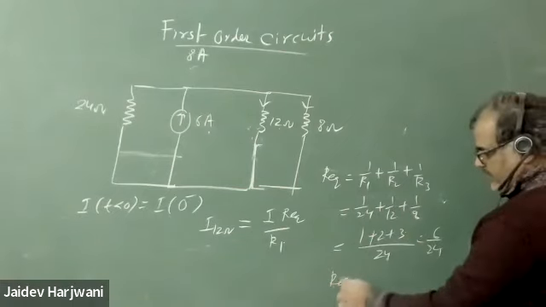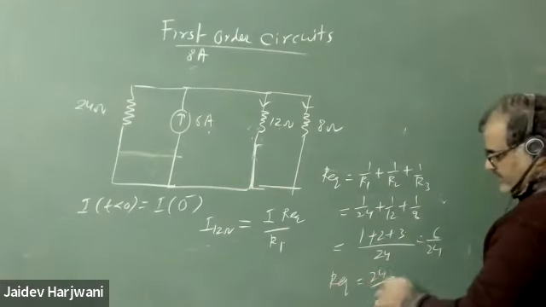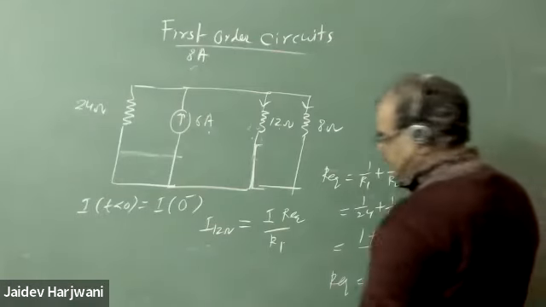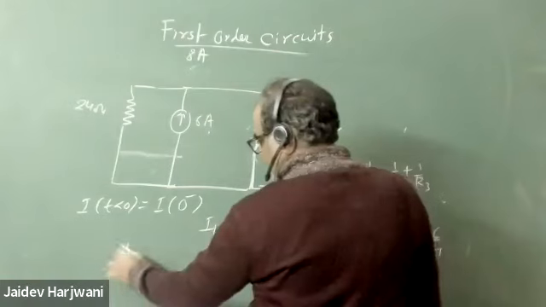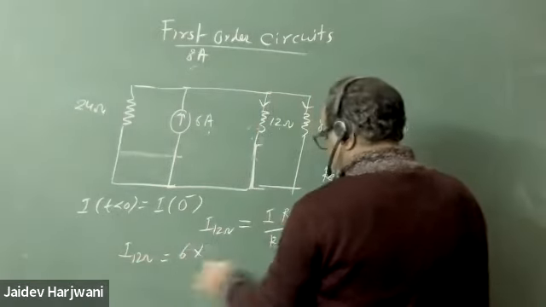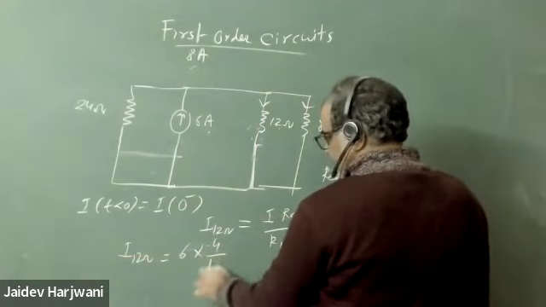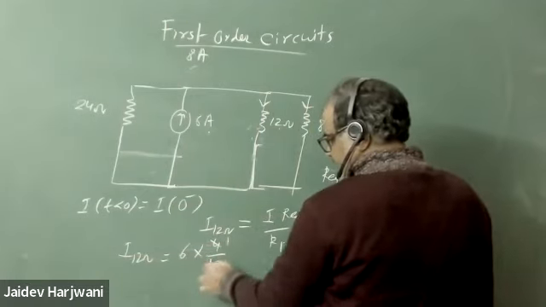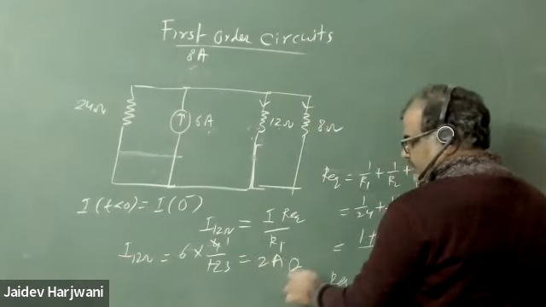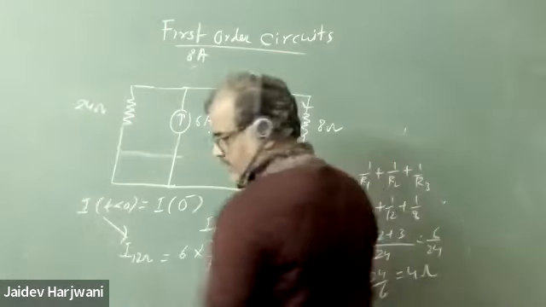So R equivalent becomes 24 by 6, that is 4 ohm. So I12 ohm is total current 6 into R equivalent 4, upon R1 which is 12. So this is 1, this becomes 3, so this becomes 2 ampere. So this is my current I, 2 ampere.